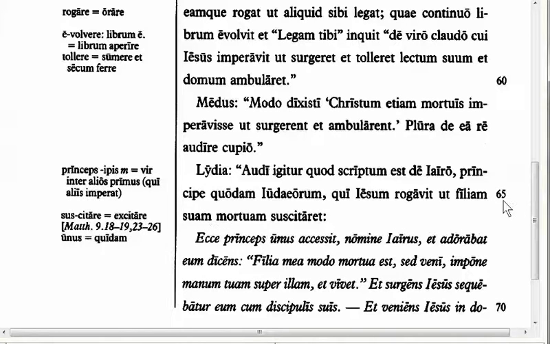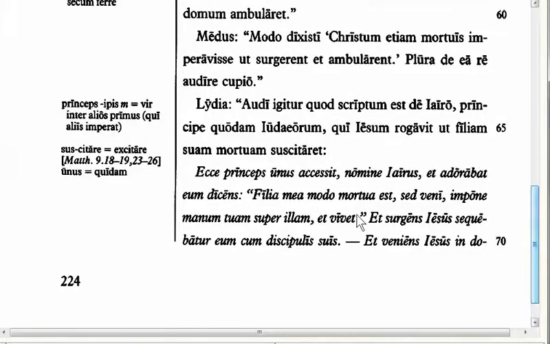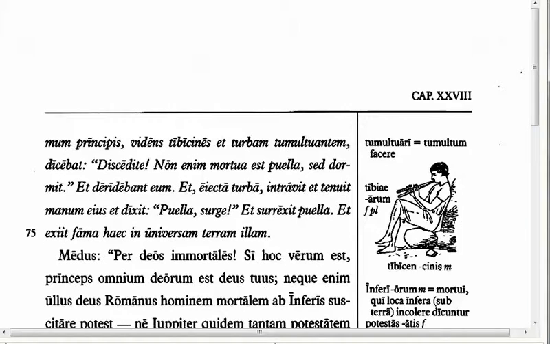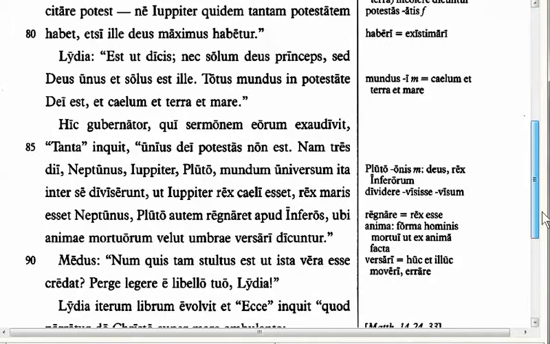In line 87, we have another new feature. And let's go ahead to that. We'll start here at nam at 85.